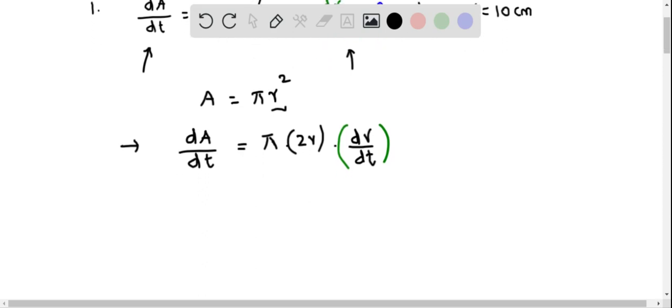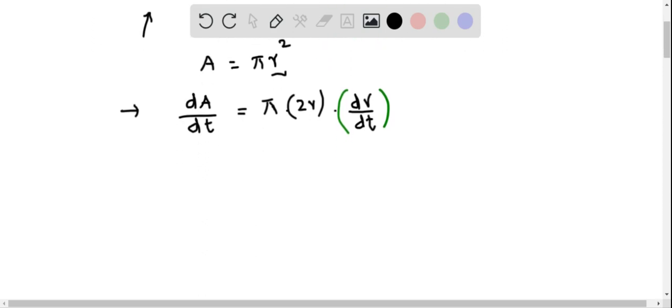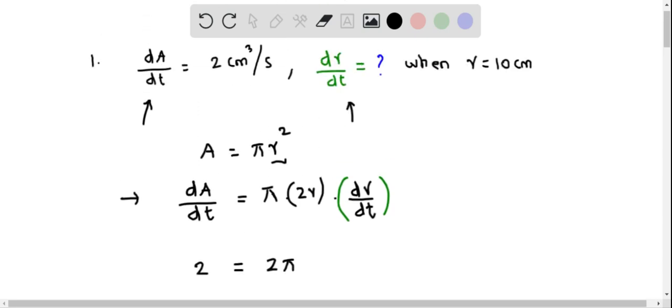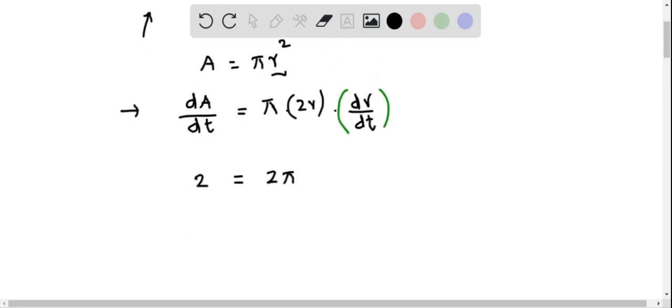So let's do that. I'm going to plug in dA over dt equal to 2, and this equals 2 pi r. I can substitute for r, which is 10 centimeter. So I put 10 times dr over dt.